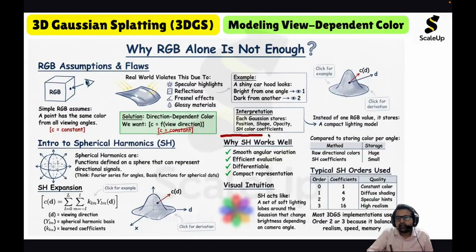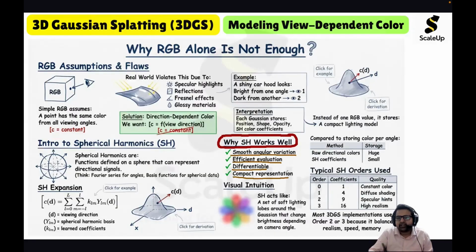If we talk about why spherical harmonics works well, it is because of smooth angular variation, efficient evaluation, and compact representation. Smooth angular variation, because with spherical harmonics, all the directions we can consider. And efficient evaluation, it is differentiable, that is very important. Since it is differentiable, we can optimize it.